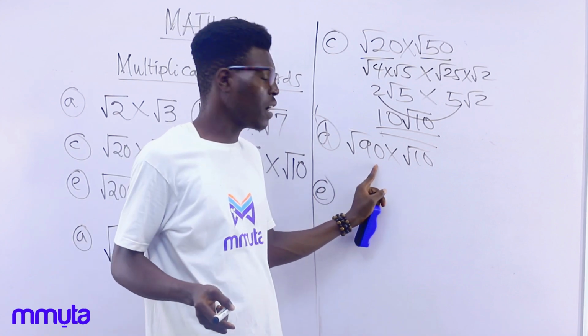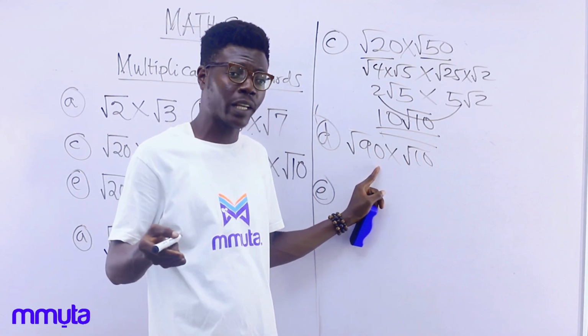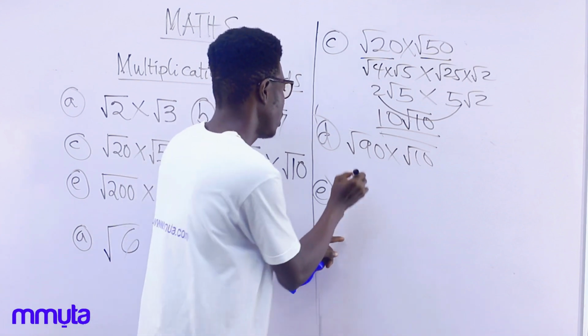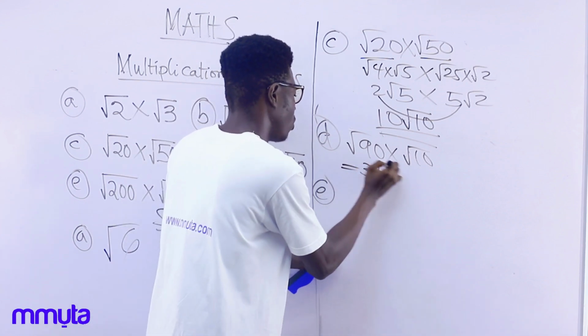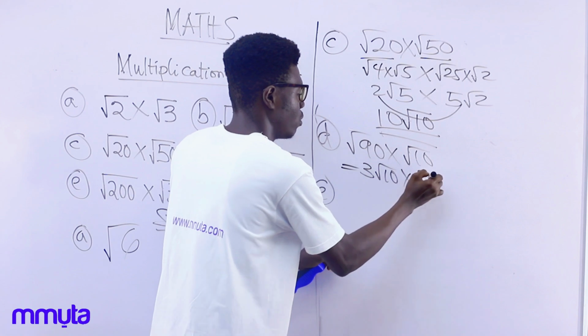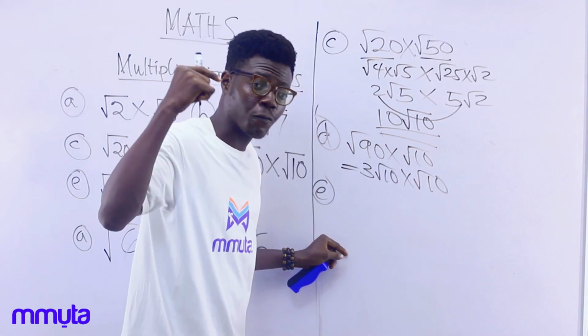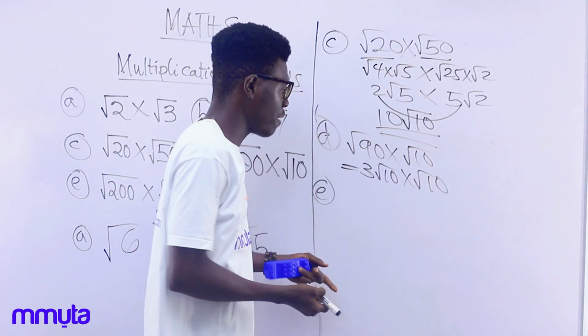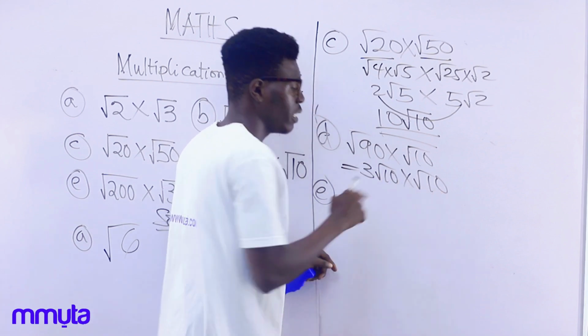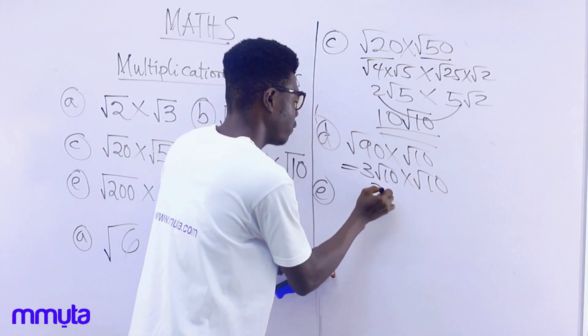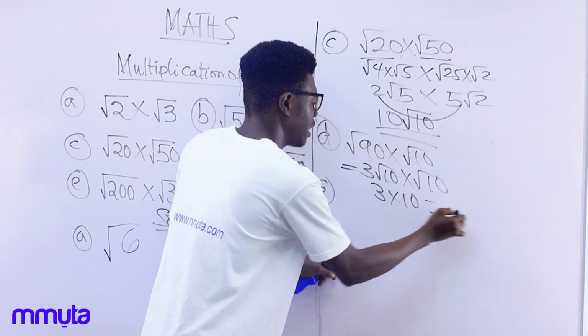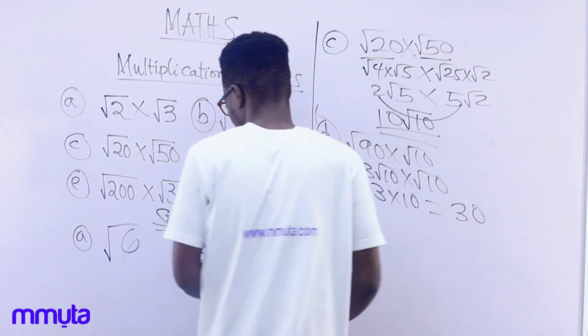So you get root of 9 times root of 10, which is 3 root 10. So this is the same as 3 root 10 times root 10. From the information we already have, we know that root 10 times root 10 is just going to give us 10. So we have 3 times 10, which is equal to 30.